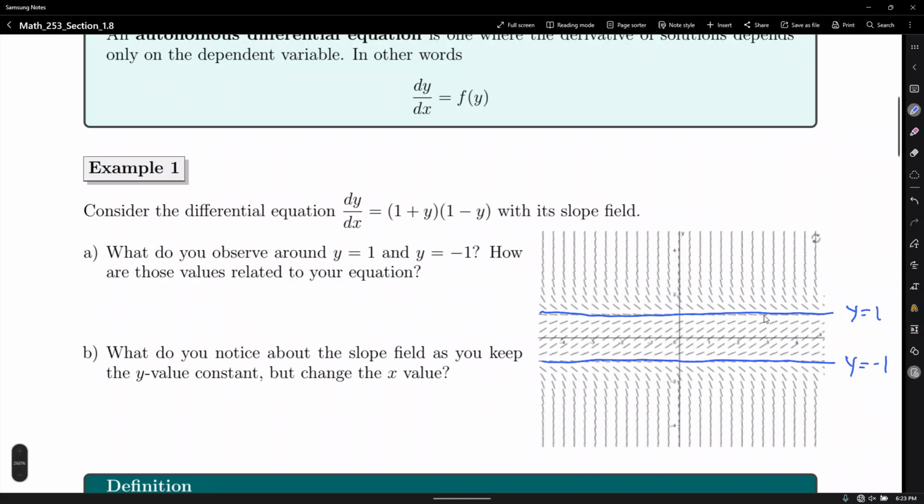Derivative means slope, that is dy/dx equals 0, which is the slope. And this happens at y equals -1 and at y equals 1. And what do we have? These sort of horizontal asymptotes.